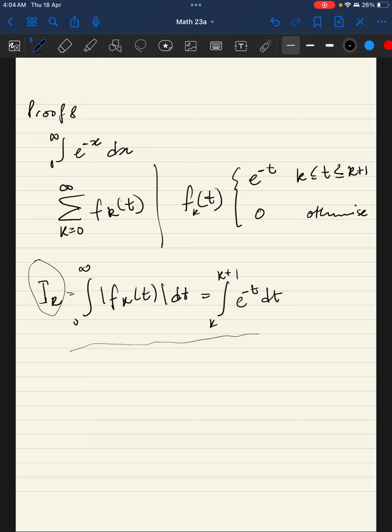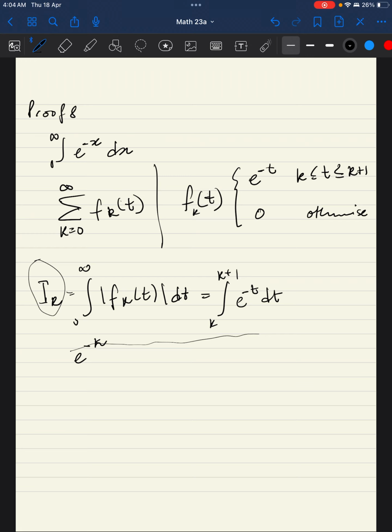Now each of the I_k values is less than or equal to e to the minus k, which essentially means that the area of f_k is less than the area of a rectangle.